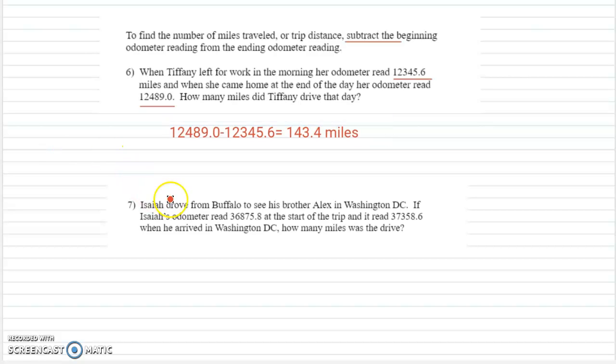Number 7 says Isaiah drove from Buffalo to see his brother Alex in Washington, D.C. His odometer read 36,875.8 miles at the start of the trip, and it read 37,358.6 miles when he arrived in DC. So again, we're going to just take 37,358.6 and we're going to subtract 36,875.8. So let me just type that into my calculator really quick to see what we get.